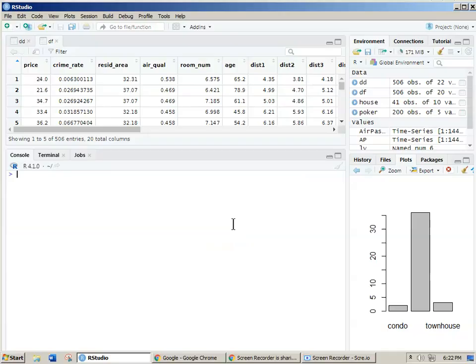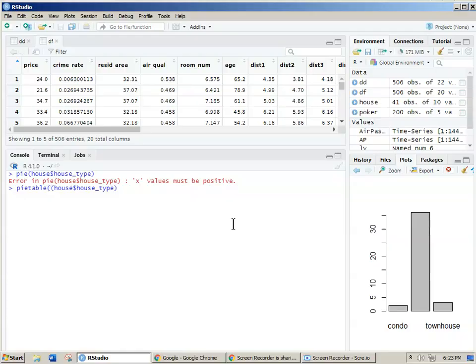What else can we do? Let's make a pie chart. So I don't have to type everything in again. Error, what did I do? Okay, we have to make a table, sorry.